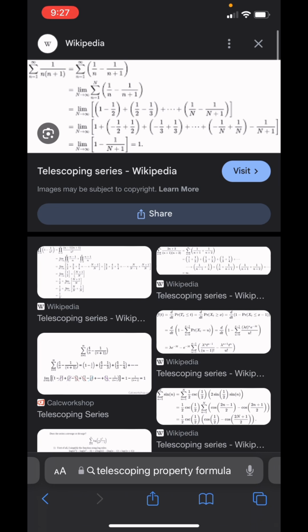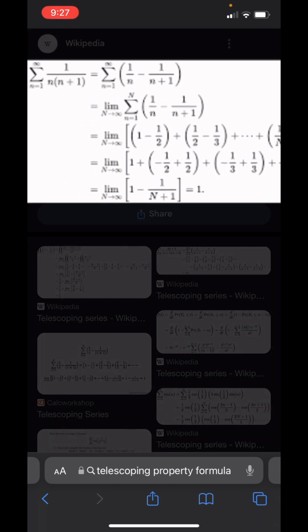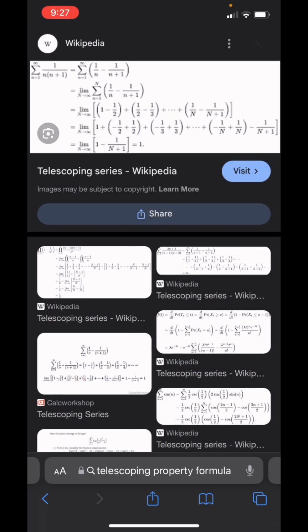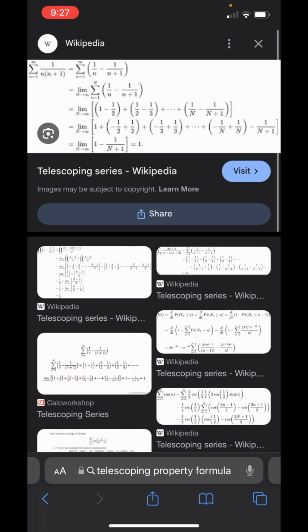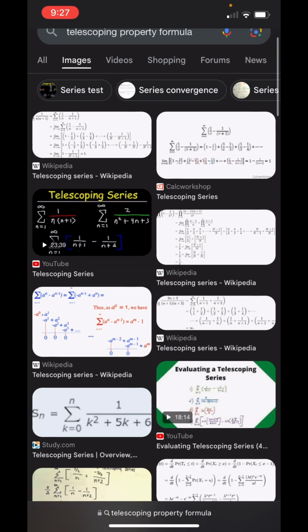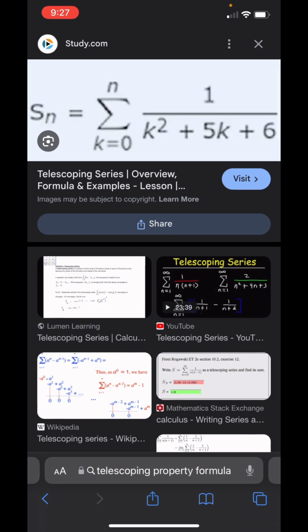Continuing on, we can see this, and this is the picture that relates it. We go to the upper limit and then the lower limit, which would equal this. This is a different thing, so I'm going to try to research this, but it's a telescoping series, so let me find another example.